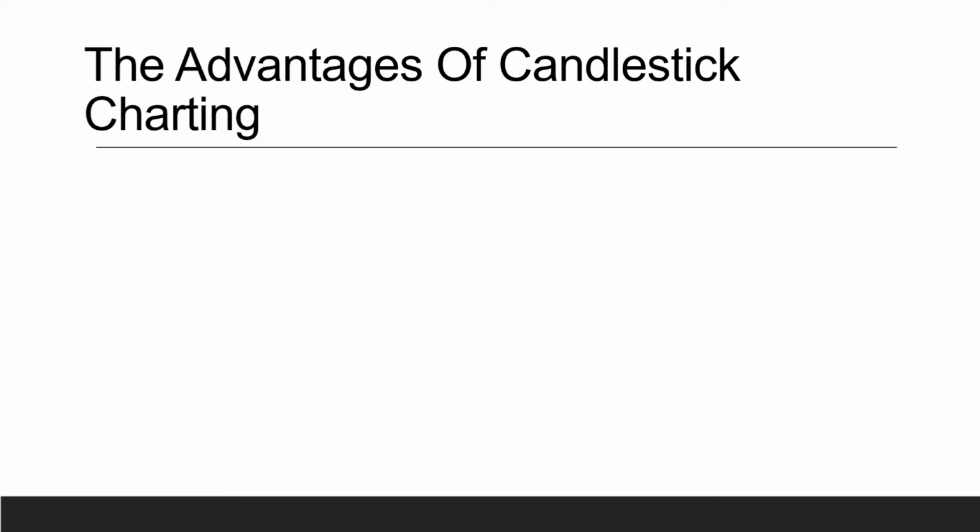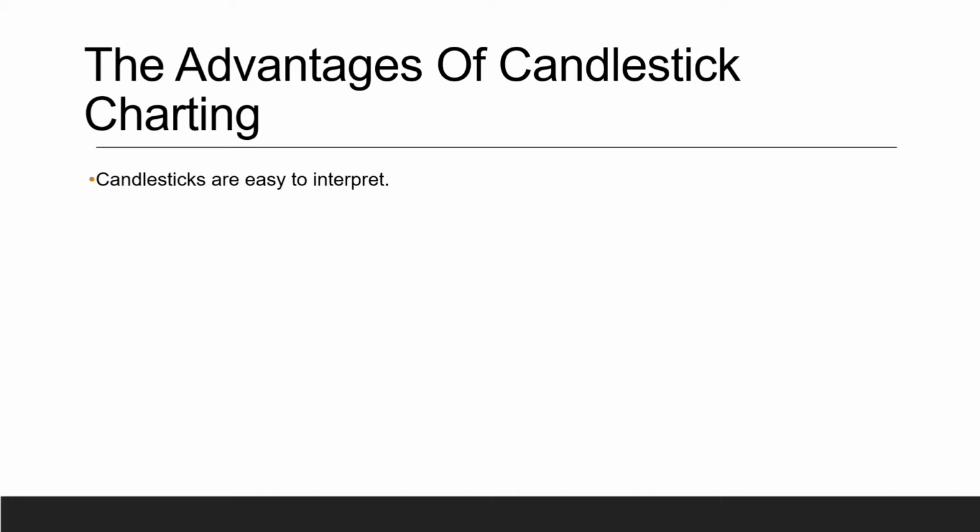Now let's look at some of the importance of using these candlesticks. One of the importance of using candlesticks is that they are easy to interpret. Yes, it is very easy to interpret, and they are a good place for beginners to start figuring out chart analysis. Chart analysis can be a bit complicated for new traders, but with an understanding of the candlestick, it will help you to easily interpret price.